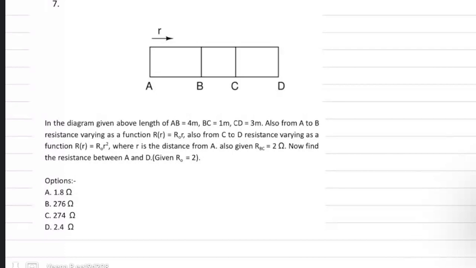So if you draw the graph of distance r and the resistance as a function of r, this is 0, this is B, which is 4. Then this is 5, which is C, and D, which is 8.